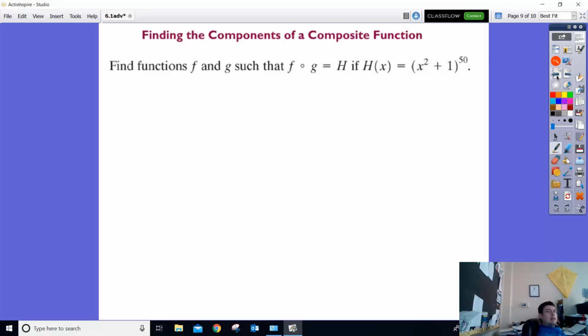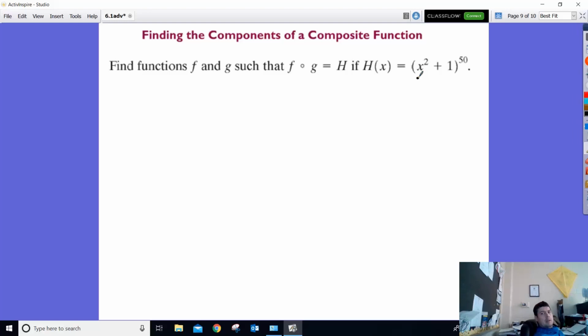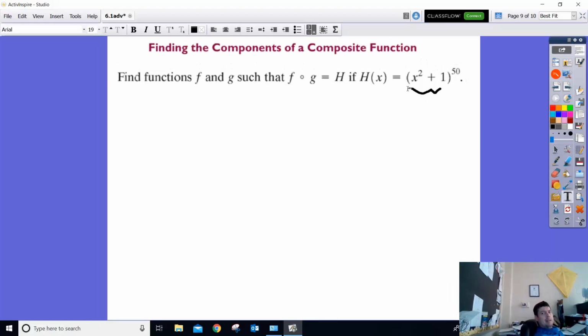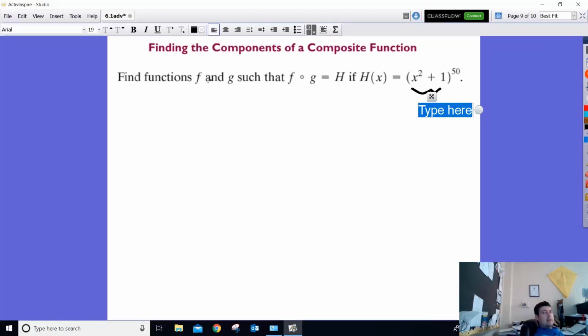But the idea here is we find two functions that create this through composition. A lot of times in calculus, and it almost always works this way, we'll let whatever has an action on it be u. In this case, we're talking about f. What are we trying to find here? Such that f of g is h.